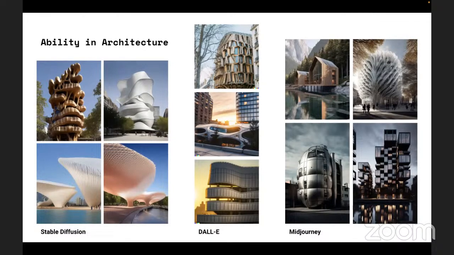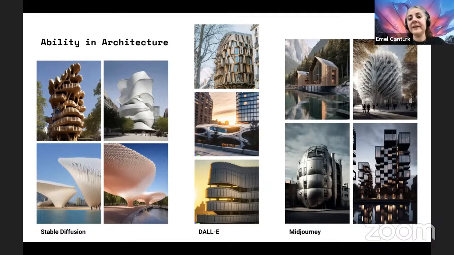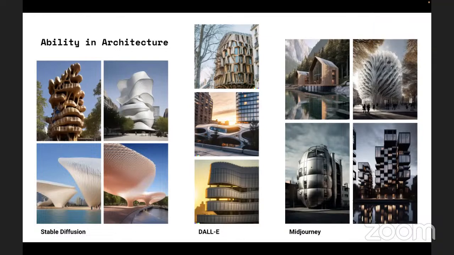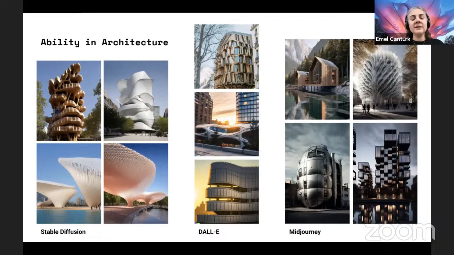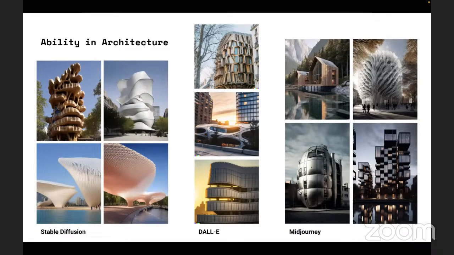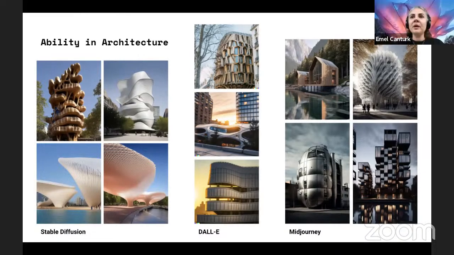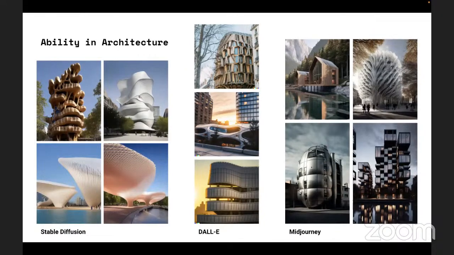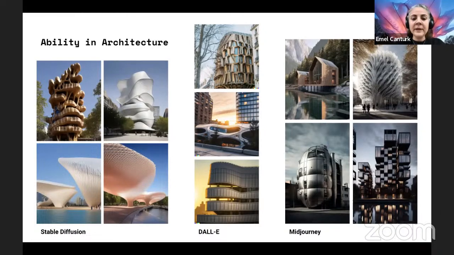In my opinion, and I believe in lots of architects' or architectural designers' opinions, Midjourney has the best ability in understanding the spatial features, the spatial effects. So I think Midjourney is really more powerful in aesthetics and creating spaces. But of course, Stable Diffusion also has lots of advantages because it gives us more control.